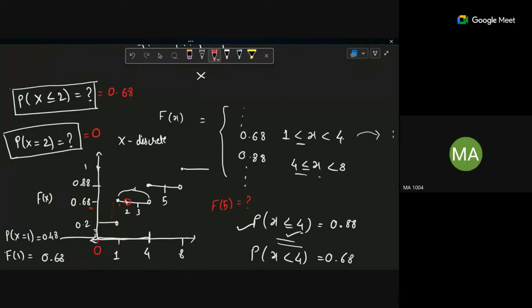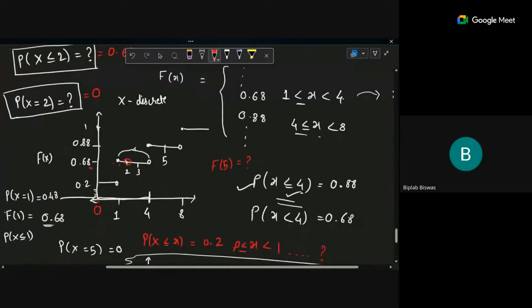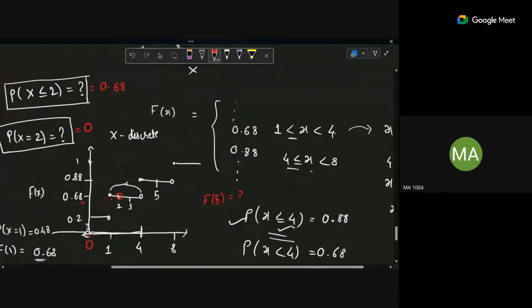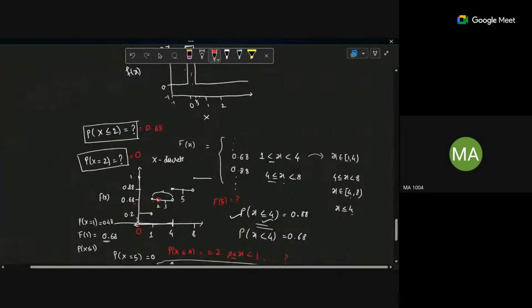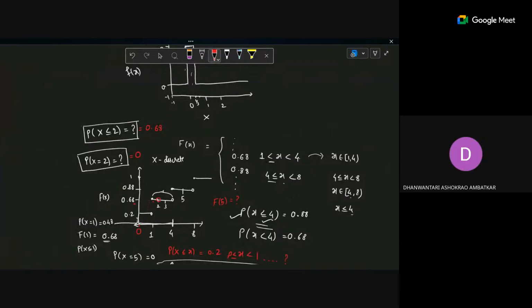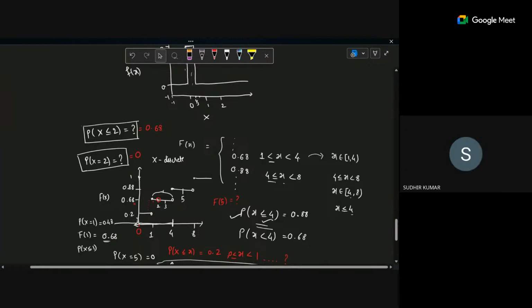What is the probability at x equal to 8? 1. Probability at x is equal to 8. 1 it is. 0.12.